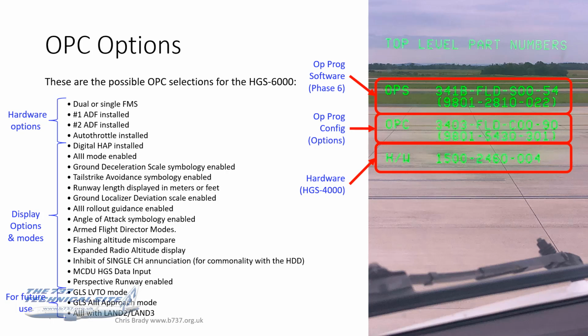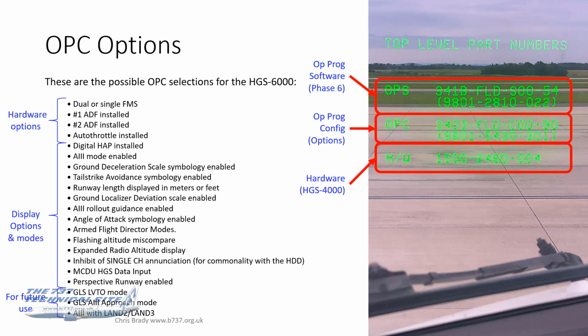So I've mentioned the options, the OPC. This is a list of possible OPC selections for the 6000, and I know the image shows the 4000, but it's all the same really. It's divided into three groups.